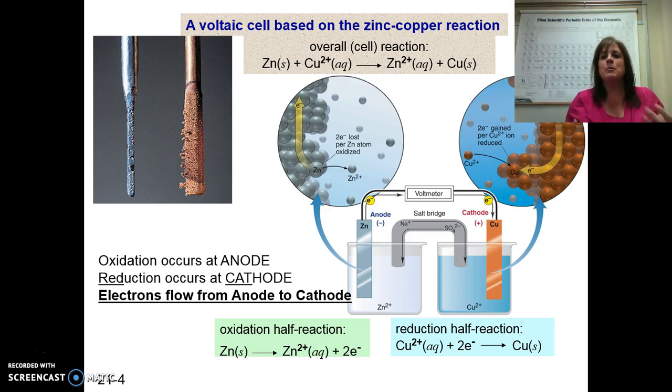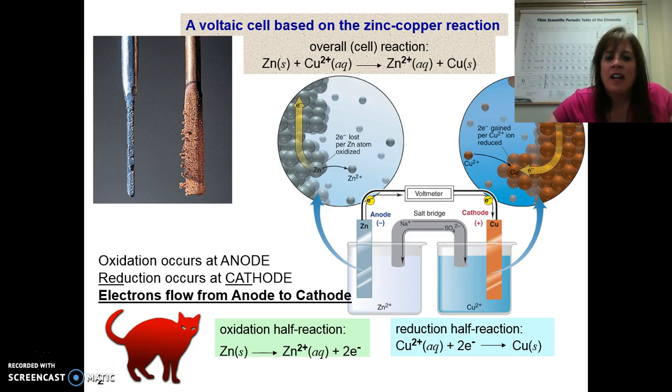Now, there's some terminology you need to know. The oxidation here is being done by the zinc, right? It's the one that's losing electrons. We call the thing that's undergoing oxidation the anode. So in this case, the zinc is my anode. And reduction is occurring at my cathode. That's the thing that's gaining the electrons. Now, how do you remember that?